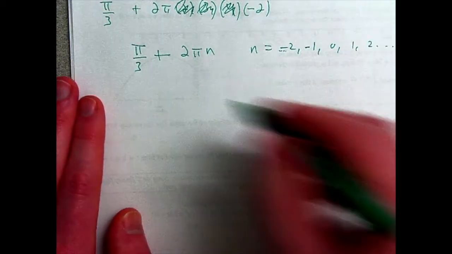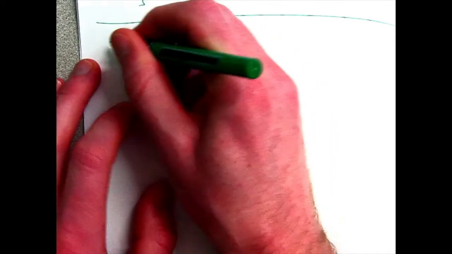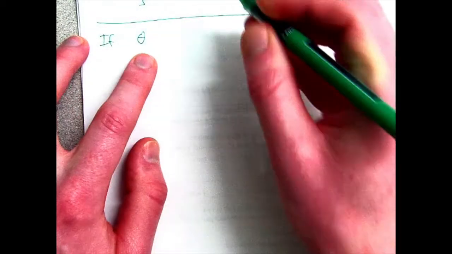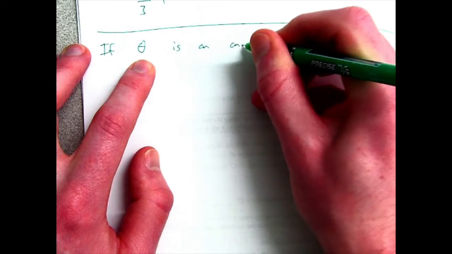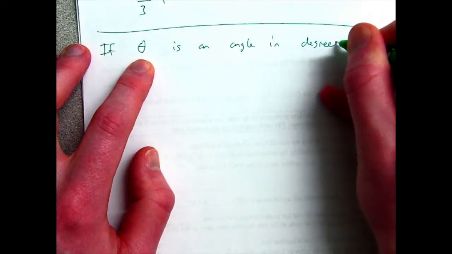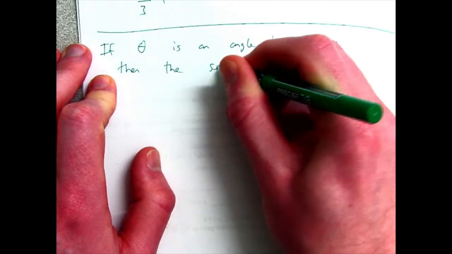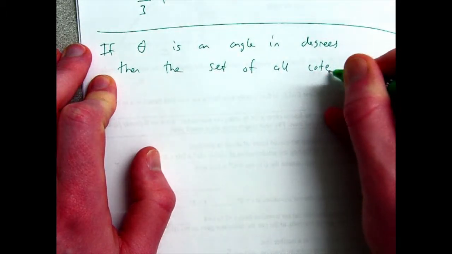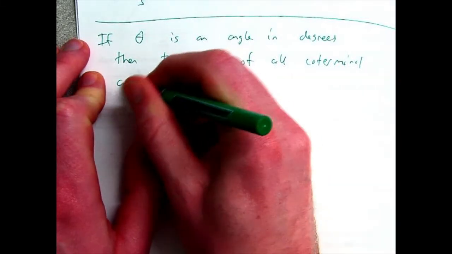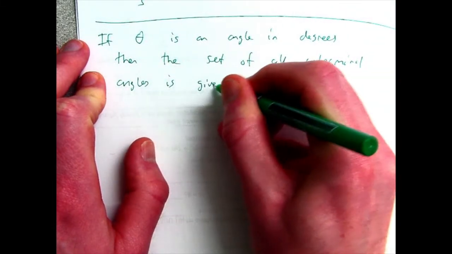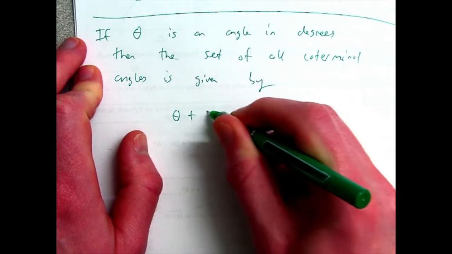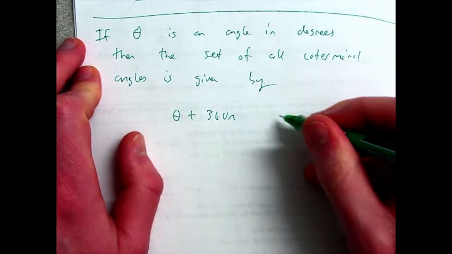So the big idea here, and that was kind of a detailed explanation, but the main takeaway is that if you need to represent all angles coterminal with a certain angle, then what you have to do is the following. If theta is an angle in degrees, then the set of all coterminal angles is given by theta plus 360n, okay, where n is an integer.